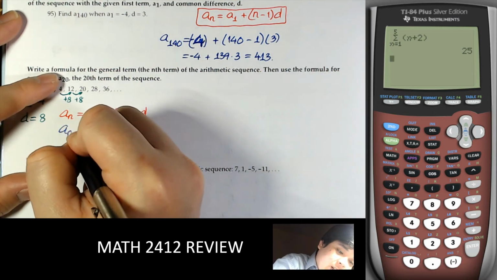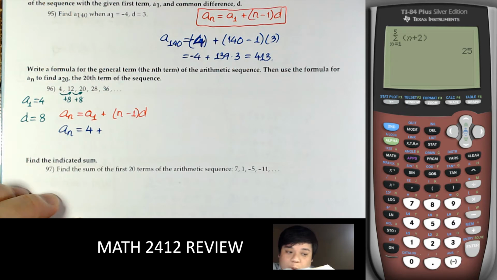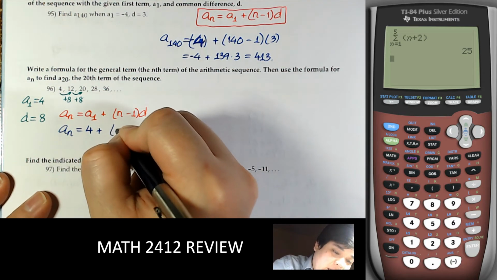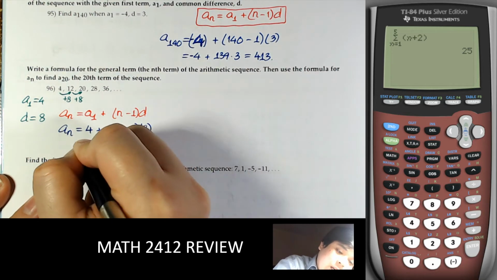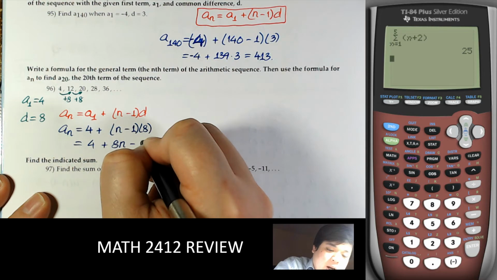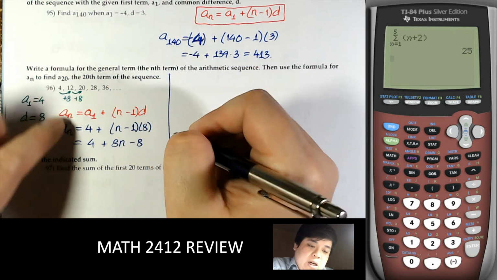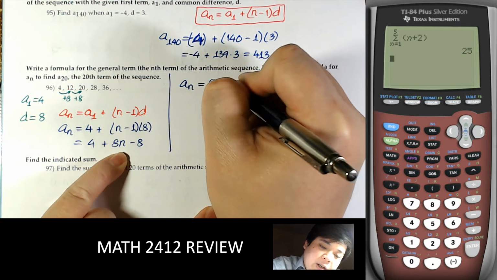So a of n, a1 we start with 4, and n minus 1 times d is 8. So we have 4 plus, multiply out, 8n minus 8. Combine like terms, we have a sub n equal to 8n minus 4.